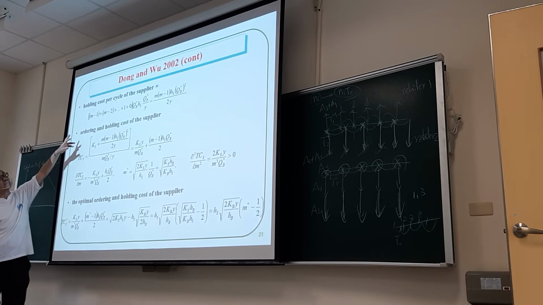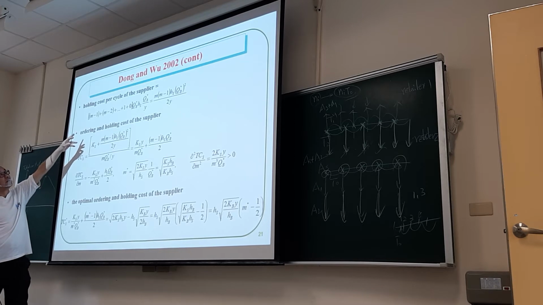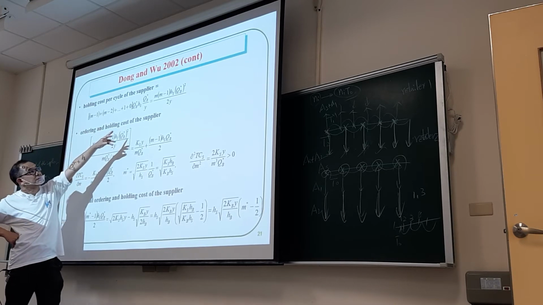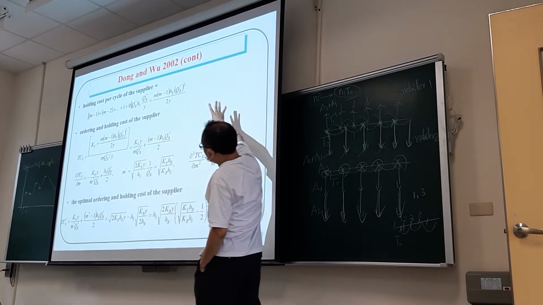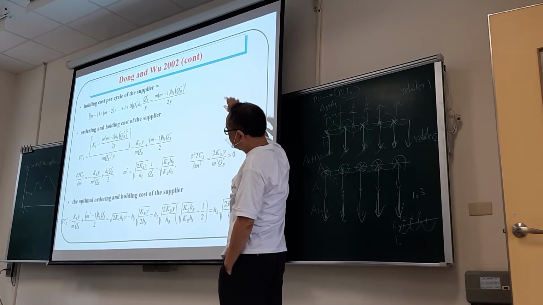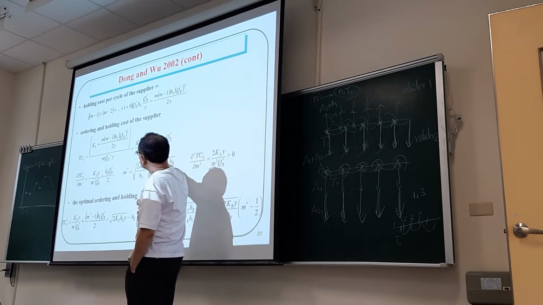So this is still the result and the way of analysis in Goyal 1976. It's n minus 1, n minus 2, down to 0. This becomes what? The holding cost per cycle of the supplier. So how about the ordering cost? Is it this one?